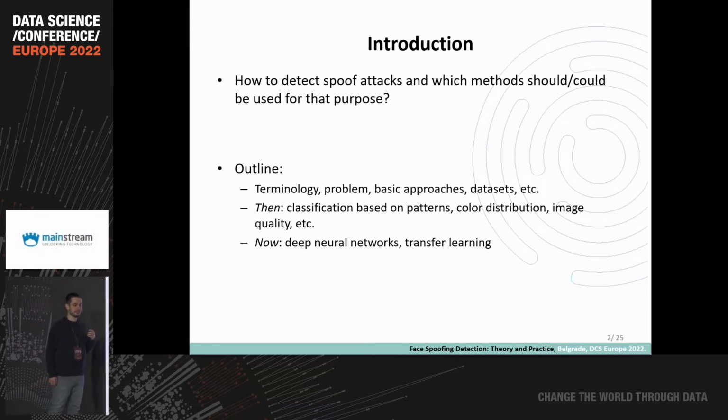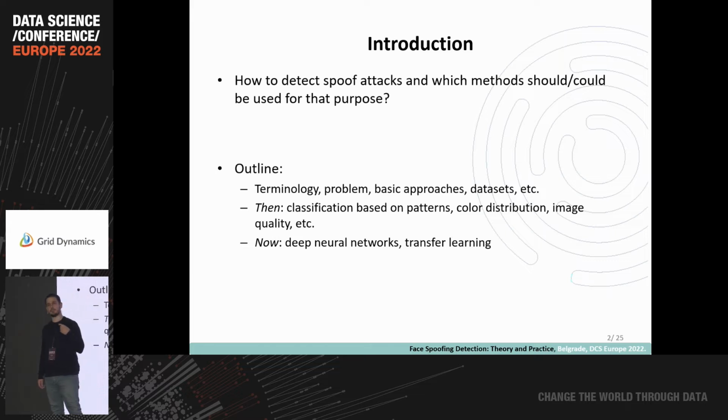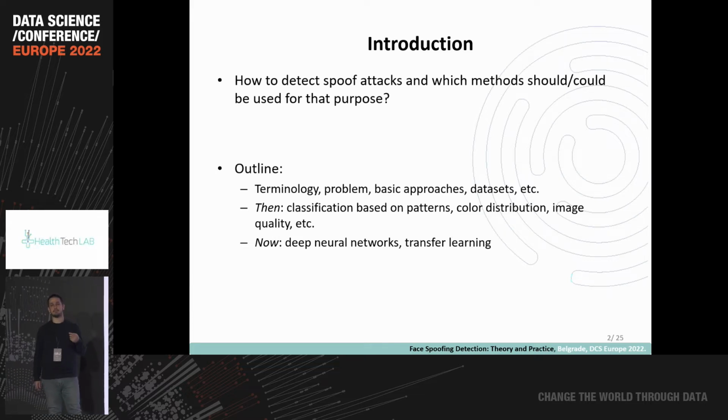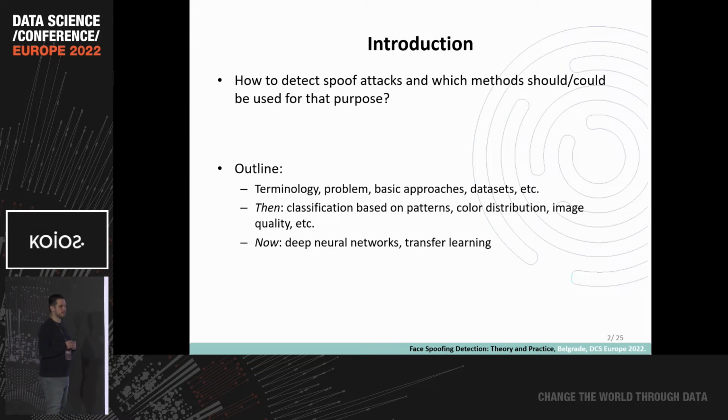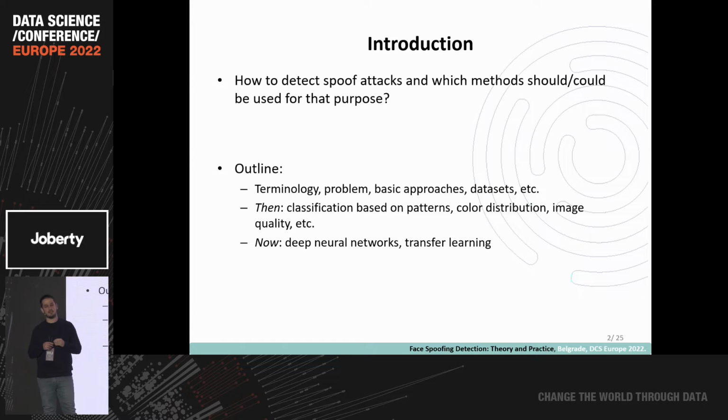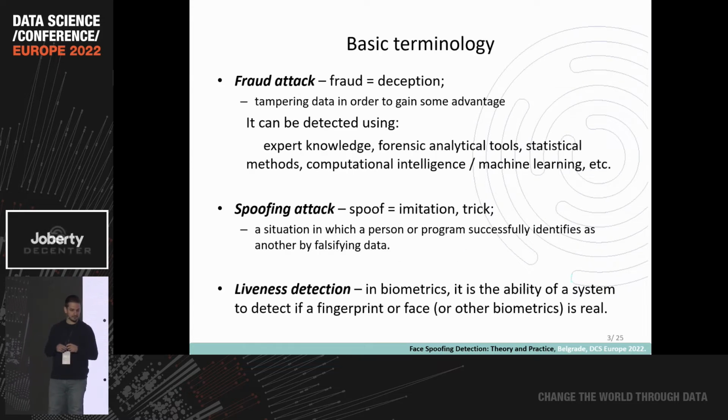Further, I will speak about classification based on patterns, color distribution, and image quality, some methods that are a bit old, but the professor in me should tell you about the whole problem and the whole evolution of this problem. And finally, I will be talking about the deep learning era, how this problem is solved in practice.